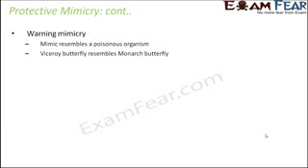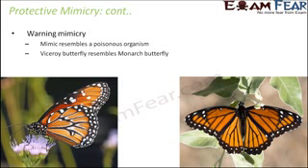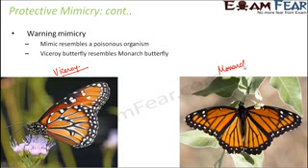For that, take the example of the viceroy butterfly and the monarch butterfly. Now the viceroy butterfly is not at all poisonous, and it is the edible type of butterfly. So this is the viceroy butterfly, which is edible and non-poisonous, whereas this is the monarch butterfly, which is poisonous.